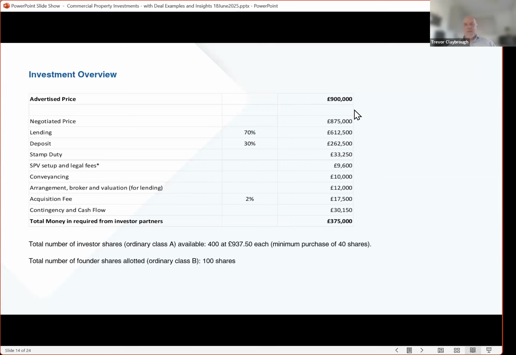So we're not going to have an issue getting 70% loan to value on that. And within a couple of years, when we've got the first floor fully occupied, we'll have a higher income and a higher value. Then we can go back to the lender and say, let's get a new valuation. Can we borrow more money based on the new value so that we can get money out?